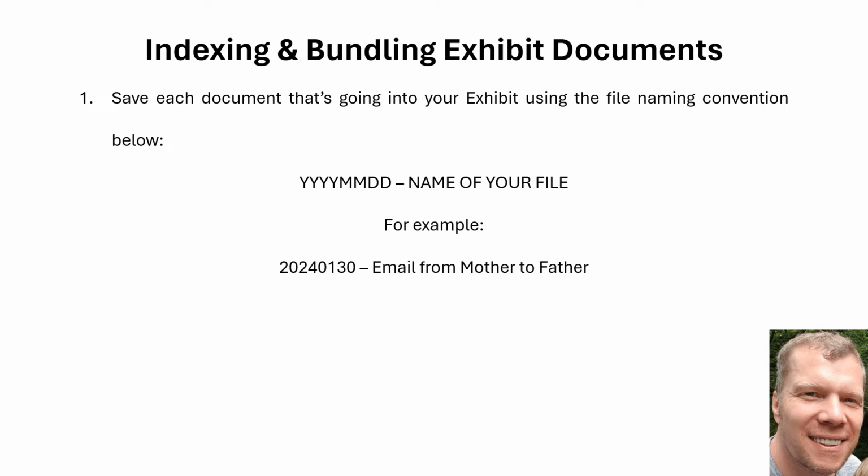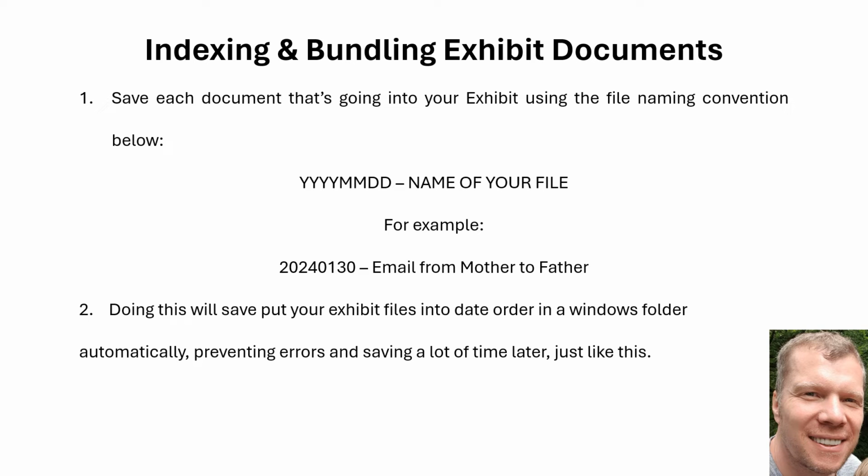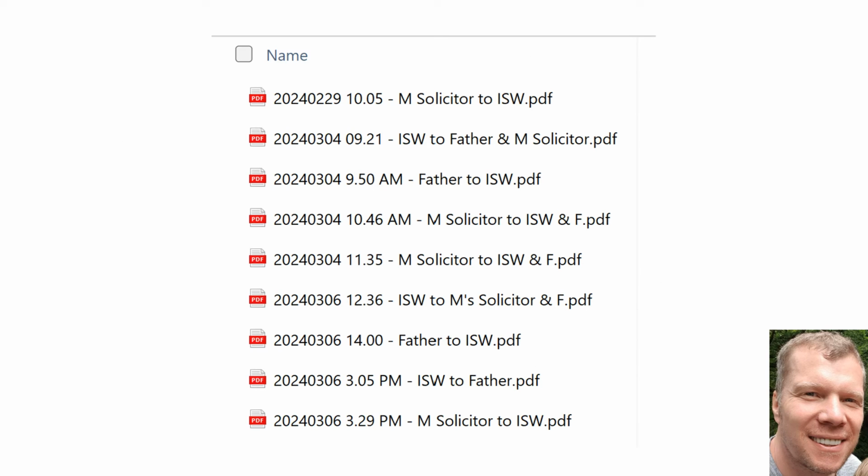And the reason for doing that is that it will save you a lot of time. It will save the file in date order in Windows, and that will help you prevent errors and time being wasted later on. So what that looks like in practice is here you can see you've got the file name in each case where I've put the date in year, month, and then day.